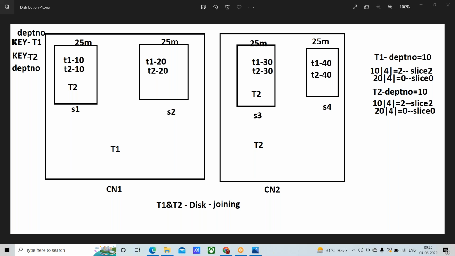Now you see, you have 50,000 employees and 50 departments. The 50,000 employees are distributed to each room, 1,000 in each room, and then the departments are also distributed. Only 50 departments are there and 50 rooms are there, so each room gets one department.